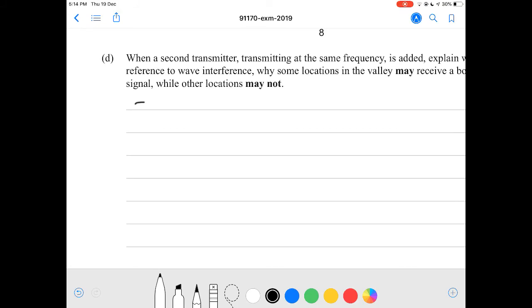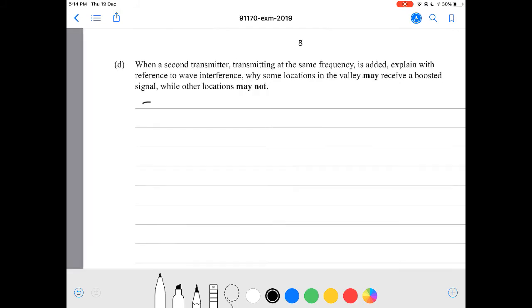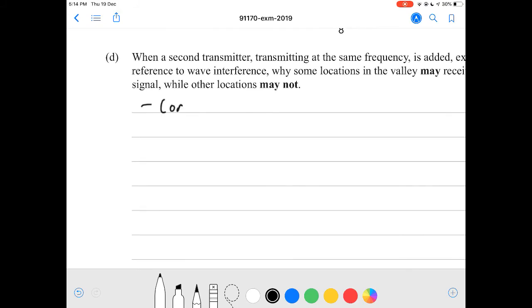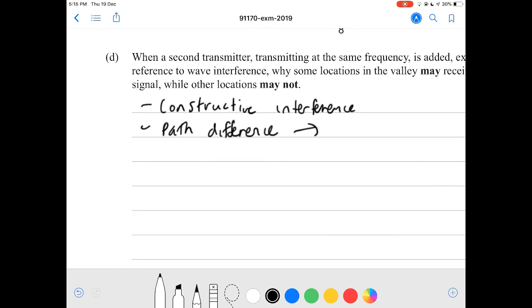For the boosted locations, you can talk about constructive interference. And you should talk about path difference. Your path difference in this case would be n lambda.